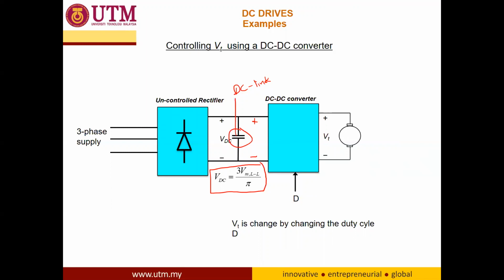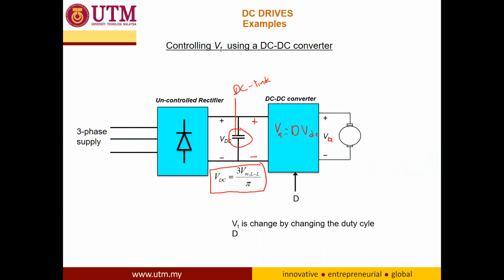Then by using the DC-DC converter, single quadrant, 2 quadrant, or 4 quadrant, the relationship for VA, the armature voltage, is that of a buck converter.